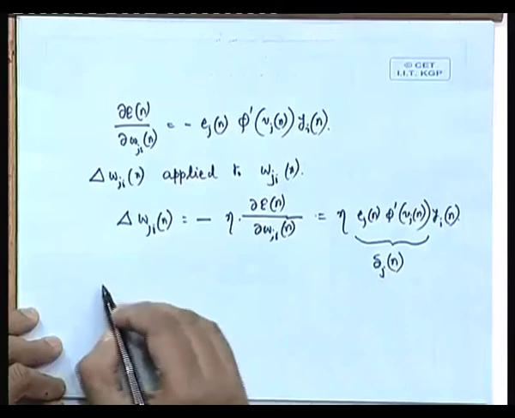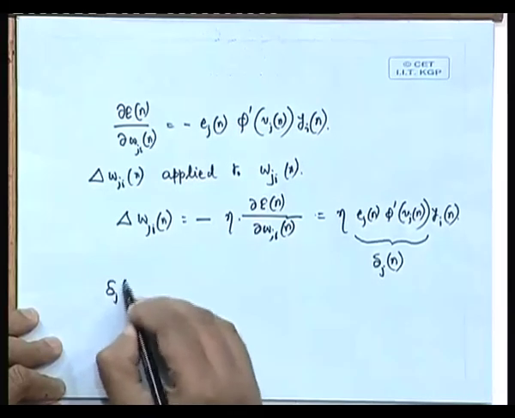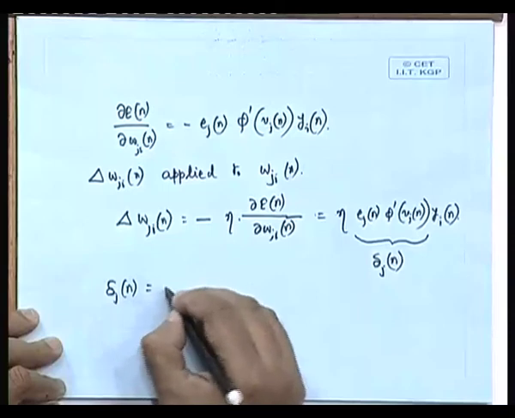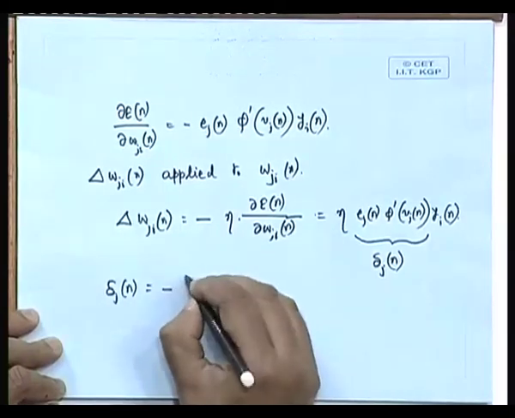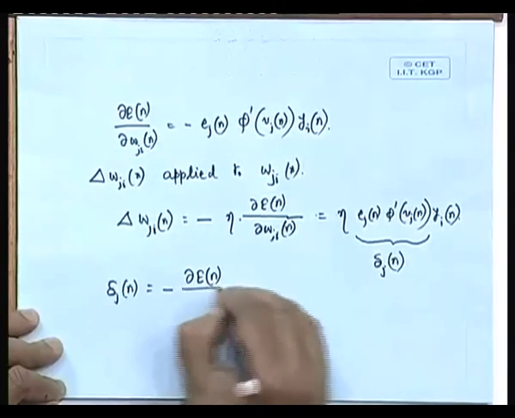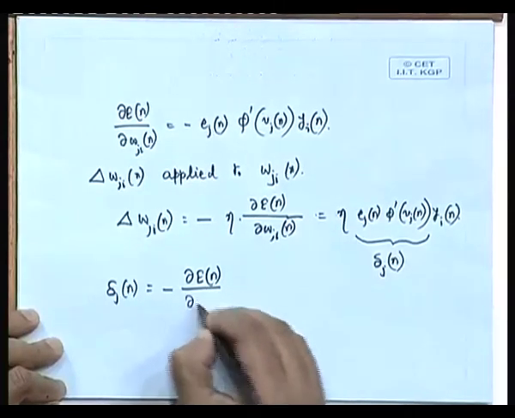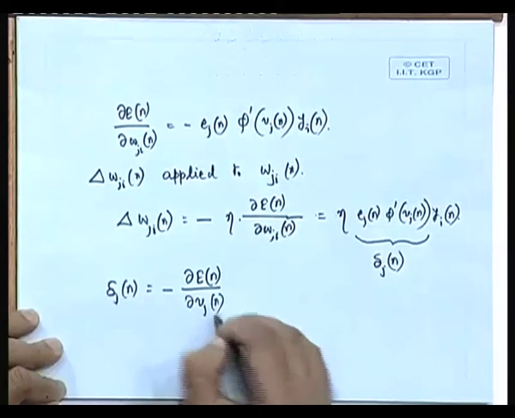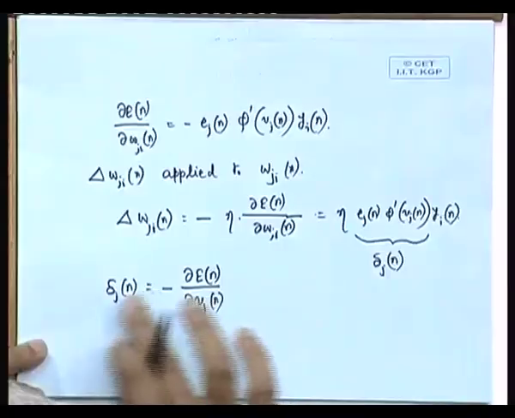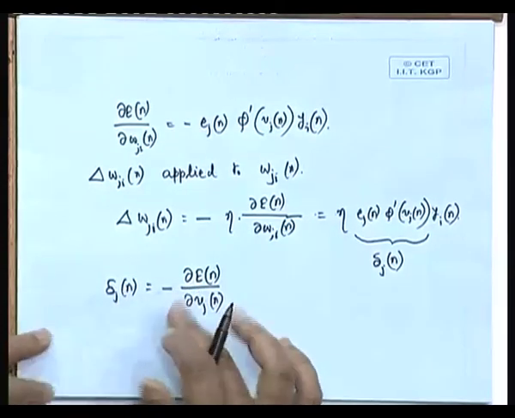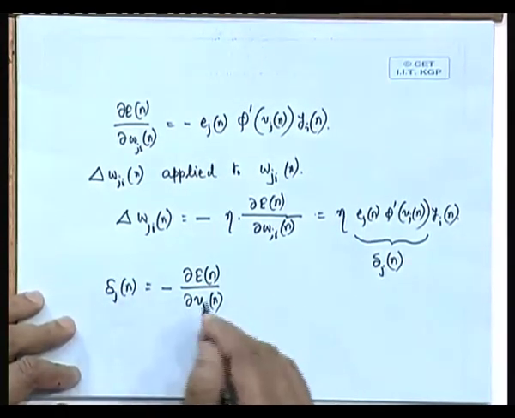Okay. Actually delta j we originally defined like this, that delta j(n) will be defined as the derivative of the error energy, that is ∂E(n) with respect to ∂v_j(n). That means to say what? That the derivative of the error with respect to the activation input, which is this term delta j that we are going to write.